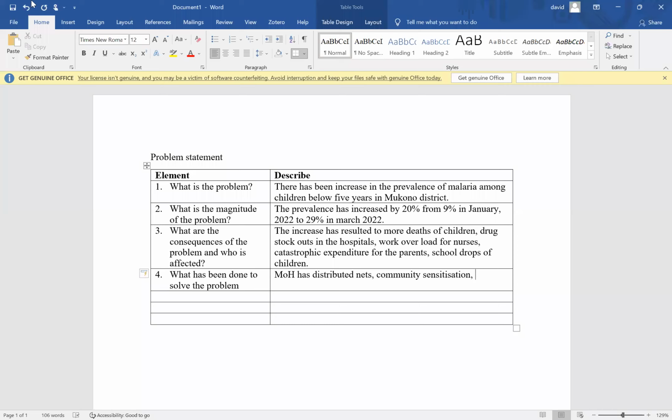Can we say there is management of cases in the facilities?